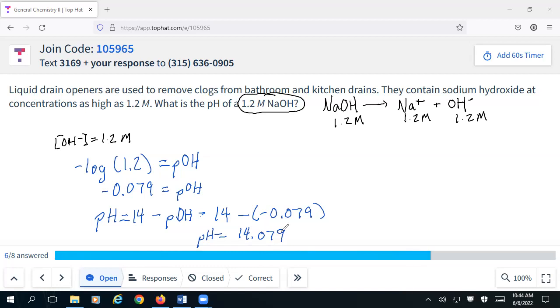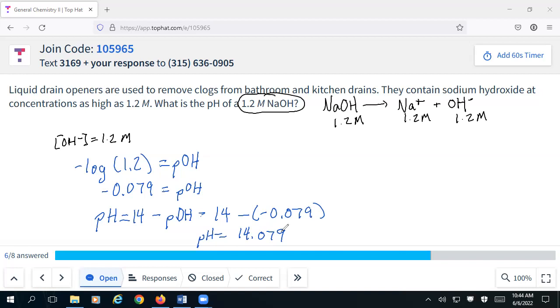Now, a couple of key factors here for sig fig purposes. Again, that 14 is an exact value. So we can think of it as 14.000 times a million zeros. Whatever value we measure, that's going to dictate the number of decimal places that we carry out here.